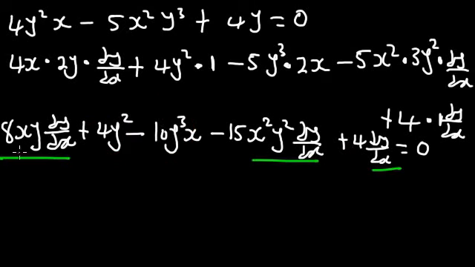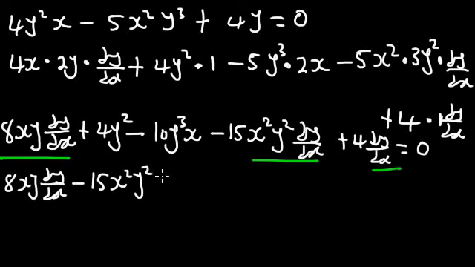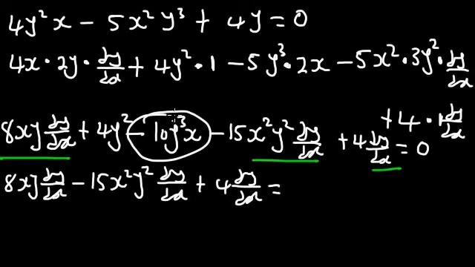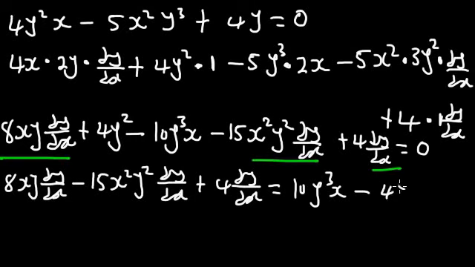Therefore we have 8xy dy/dx, minus 15x squared y squared dy/dx, plus 4 dy/dx equals, now when this negative 10y cubed x comes to the other side, we have 10y cubed x, and when this positive 4y squared comes, we have minus 4y squared.